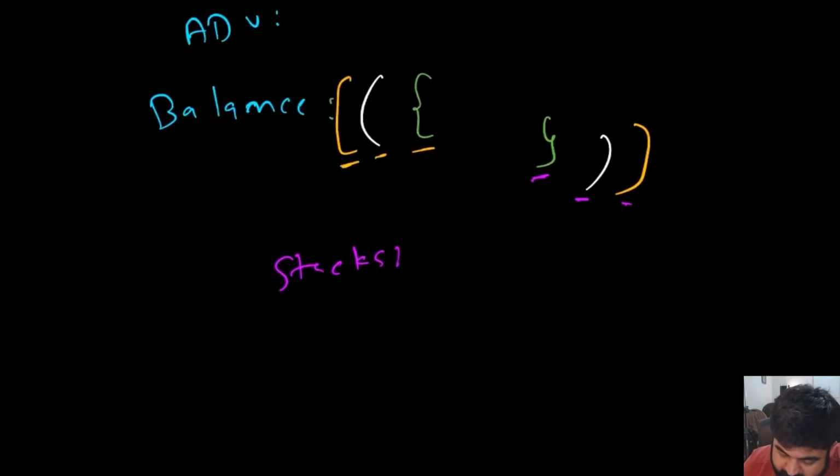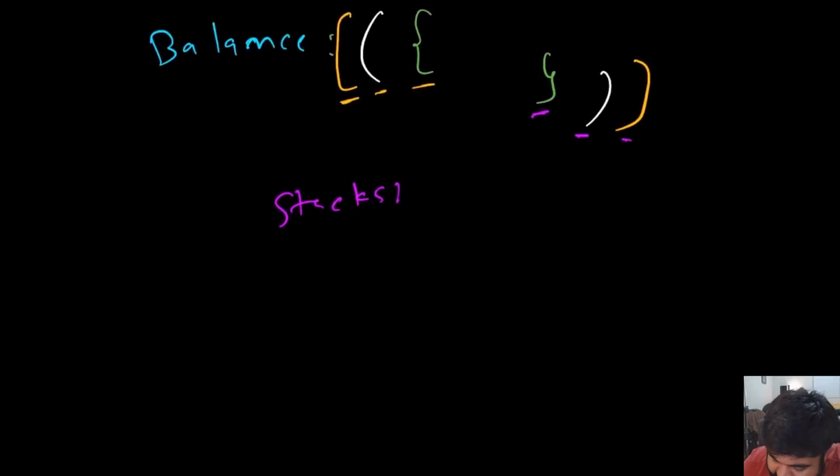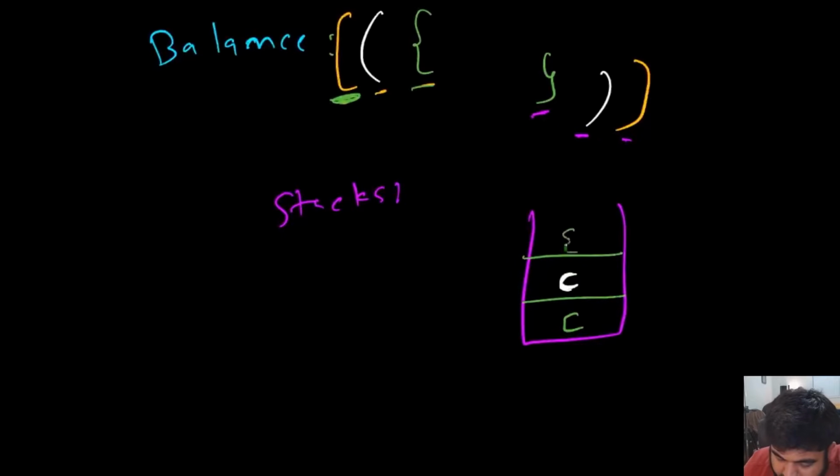Why? Because let's say that currently in our stack, we are pushing the values one by one. The very first time we opened a square bracket, so we are going to add a square over here. Then we opened a circular bracket, so we add a circular value over here. Then we add a curly bracket, so we are going to add an open curly bracket over here.